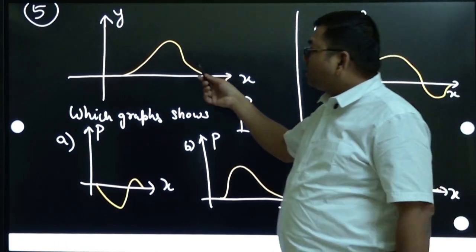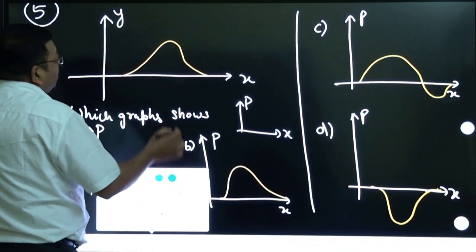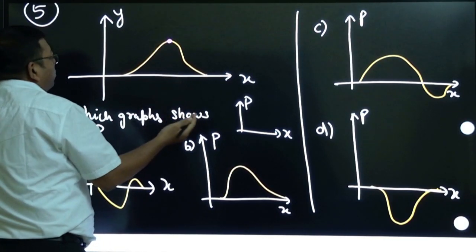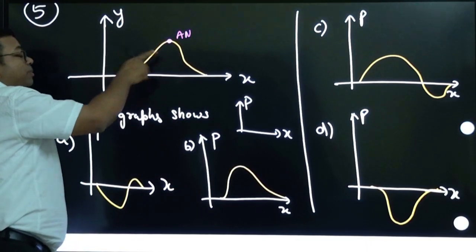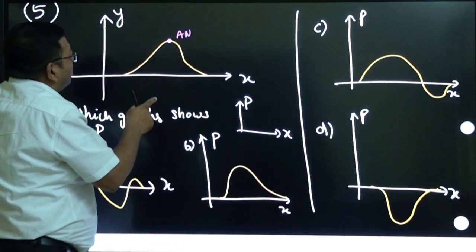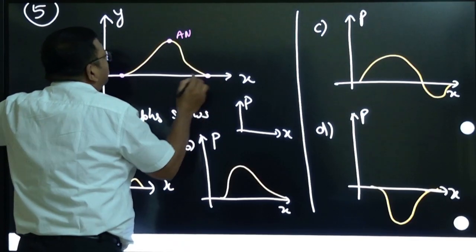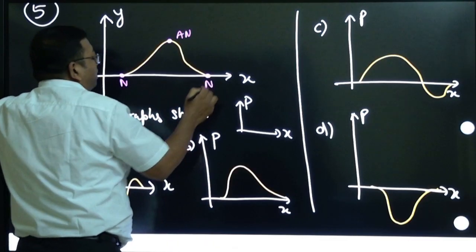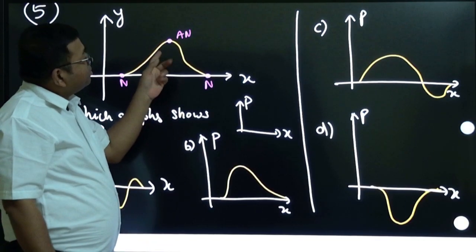So from this graph you can say definitely that there is a maximum displacement, so there is one displacement antinode, and there are two minimum values. Minimum means it is a node, so there are two displacement nodes and one displacement antinode.